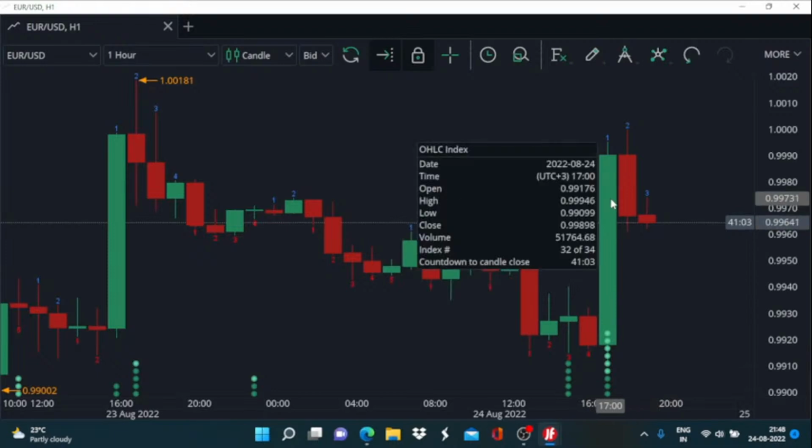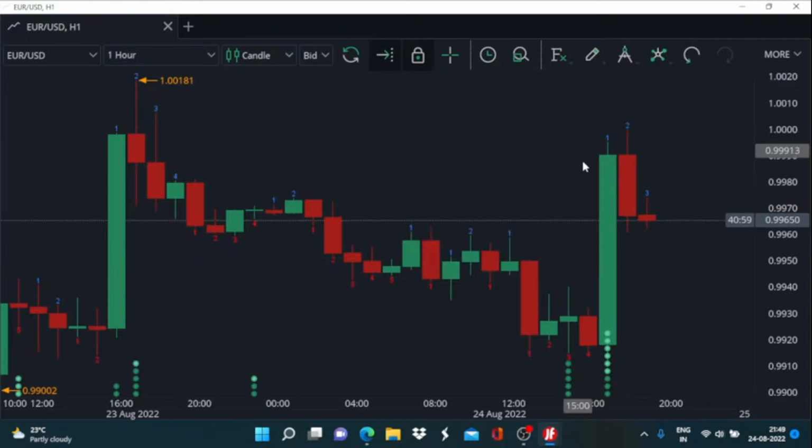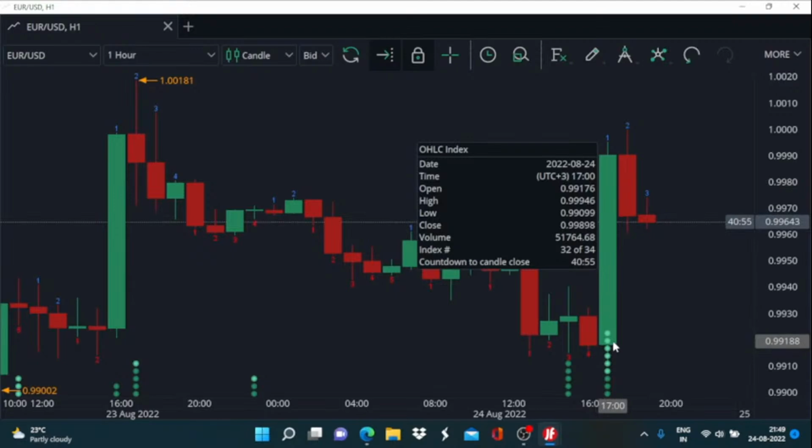But we don't really know if it is going to sustain or not. If we apply the mechanism of the candle closing value being substantially higher than its opening price, then we can expect this upside momentum to last at least for the next couple of hours.